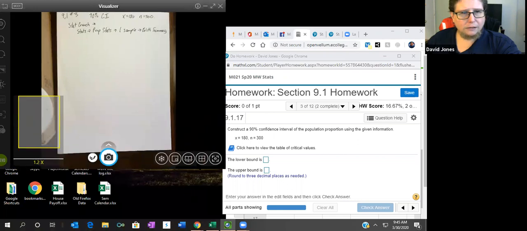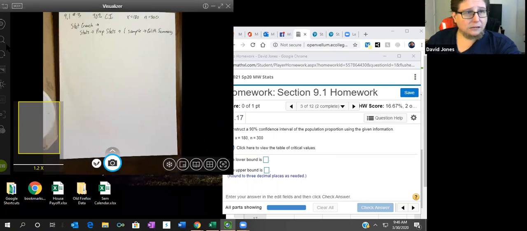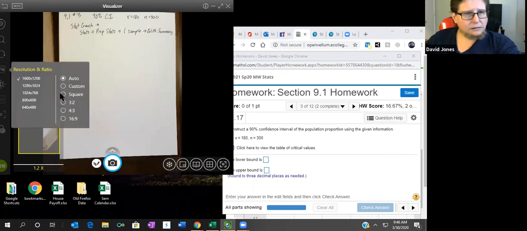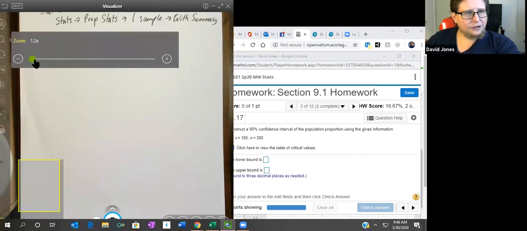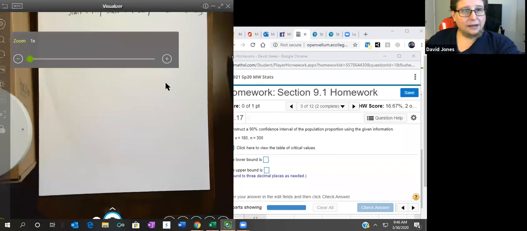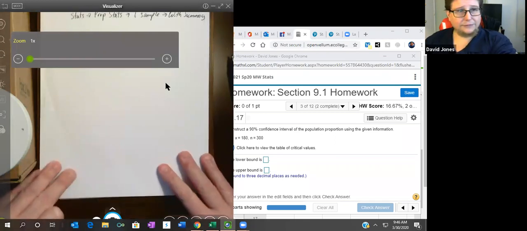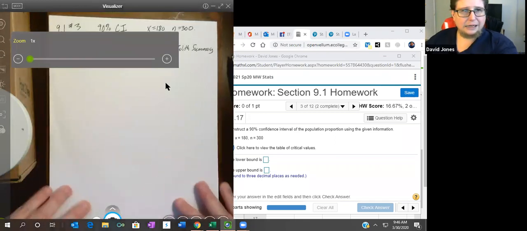Oh, what happened? I screwed up resizing it. Oh well, won't do that again. There we go.